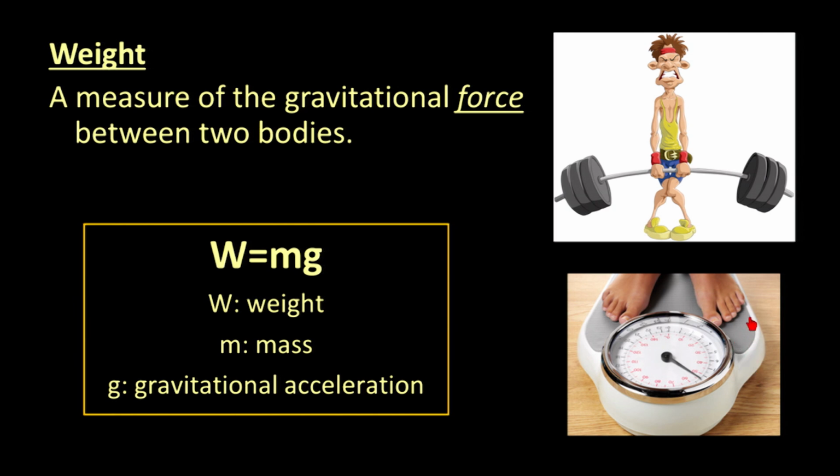What's going to happen is the Earth is still pulling on you, but there's a big spring inside of this machine that, when the Earth pulls you towards its center, forces the spring to compress. And when the spring compresses, through a series of gears and sprockets, it will cause the dial to turn. So what the dial is actually telling you is the amount of force that the Earth is pulling on you. We simply call that the weight.